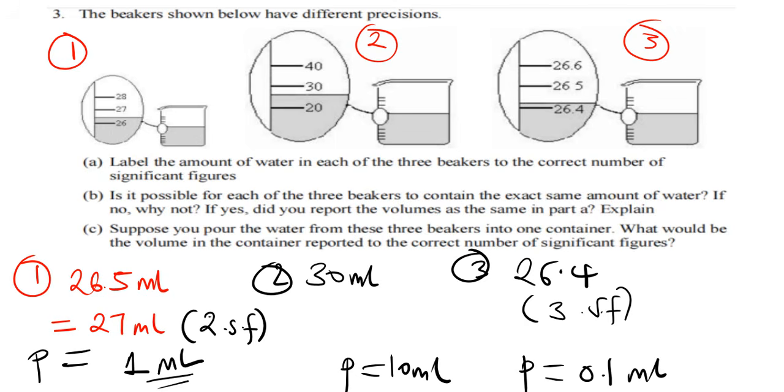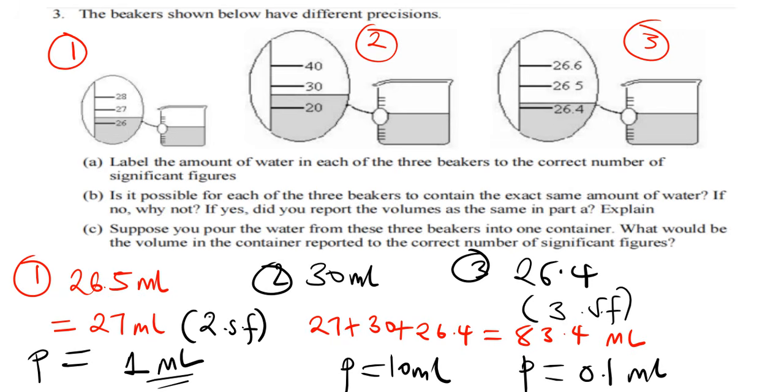I'm going to have 27 plus 30 plus 26.4. Okay, what do I have? I'm getting 83.4 mL. Okay, that is what I have.